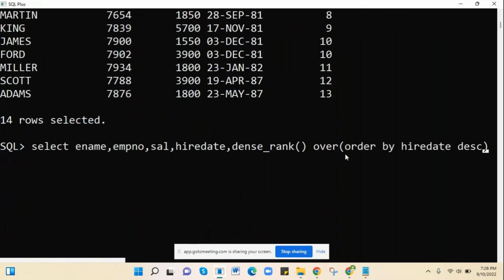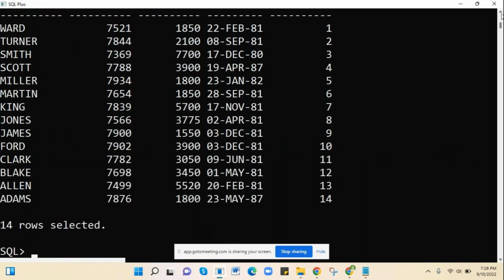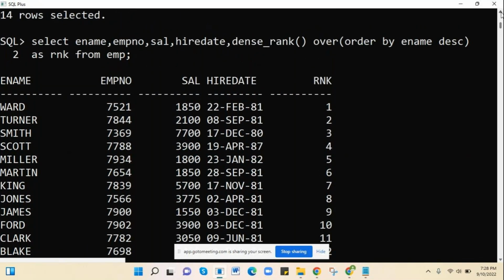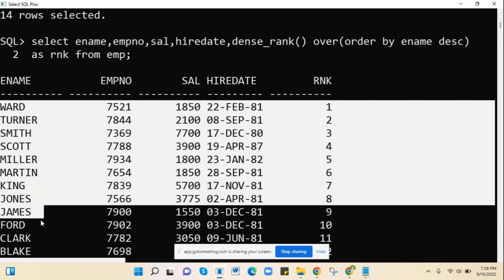You can use characters also. Employee name. Order by employee name descending. Ward. Next Turner, Smith, Blake.